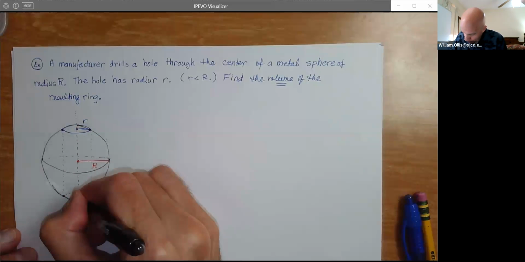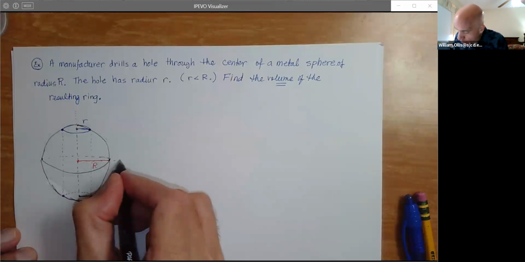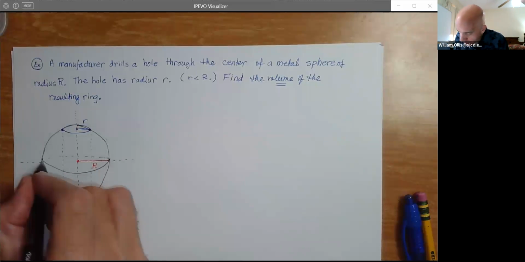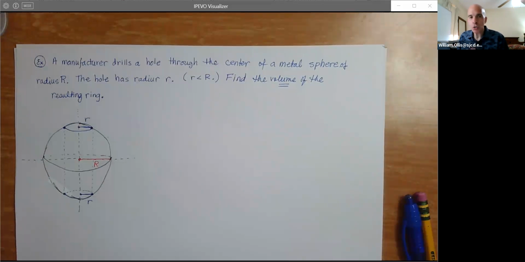So let's just impose a vertical axis and then a horizontal axis. Okay, now what I'm trying to do is show you that upon imposing these axes, it kind of gives us an idea of what we need to do.